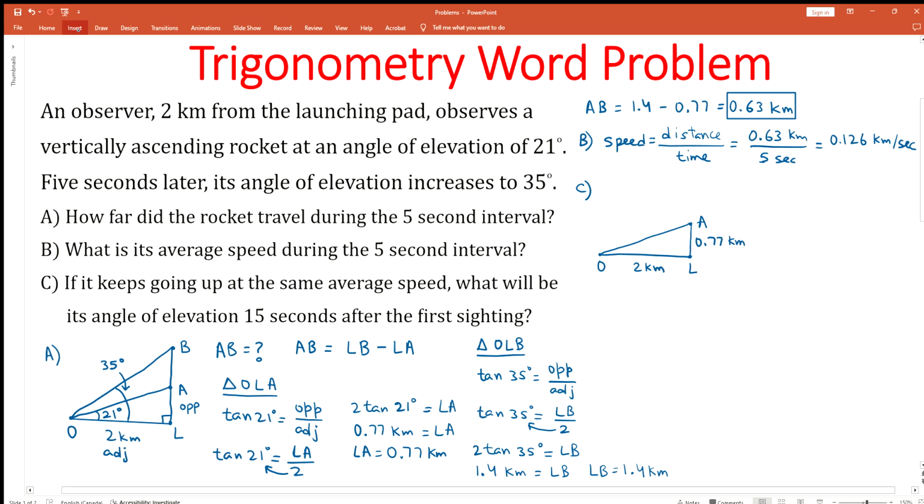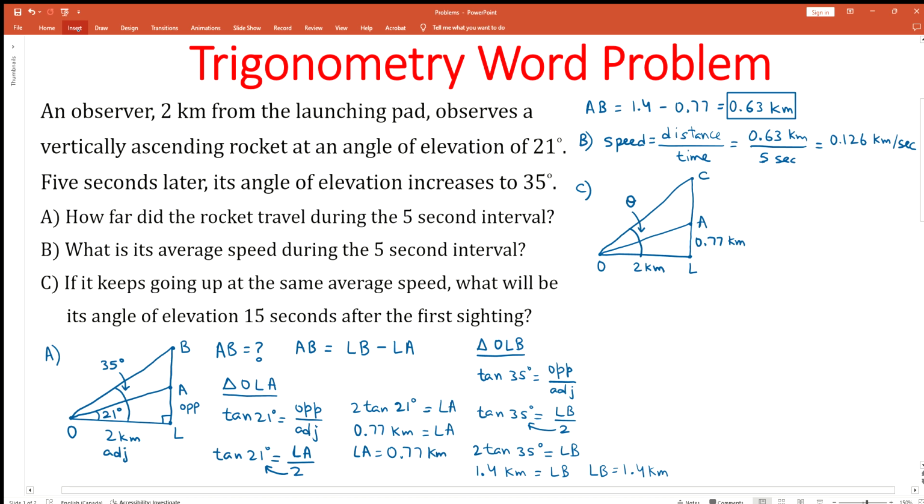Let's assume the rocket is at point C 15 seconds after the first sighting. We have to find the angle of elevation of point C. We have to find the measure of this angle theta.